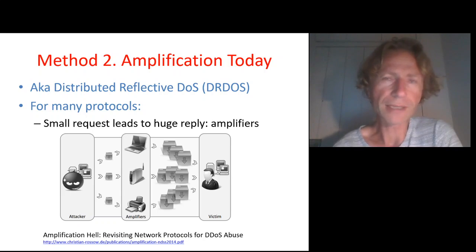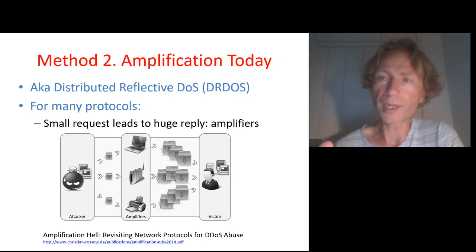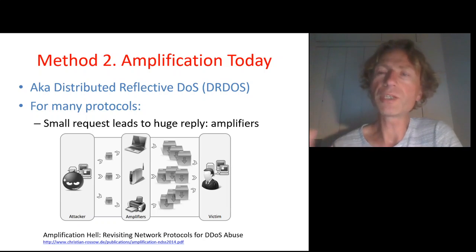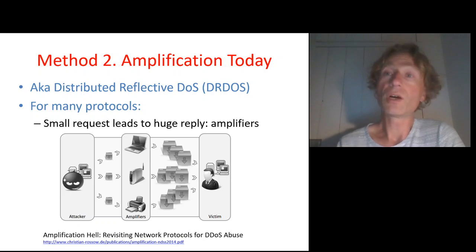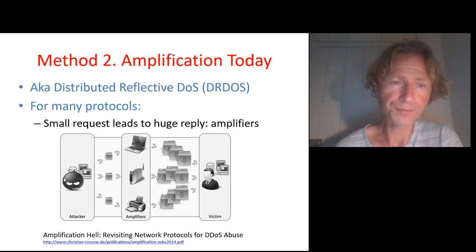It builds on the fact, the key concept here, that a reply is often much larger than the request. So if you're able to send a really small request and then receive a huge reply, maybe multiple packets long, you're amplifying the data that you're sending into the network.